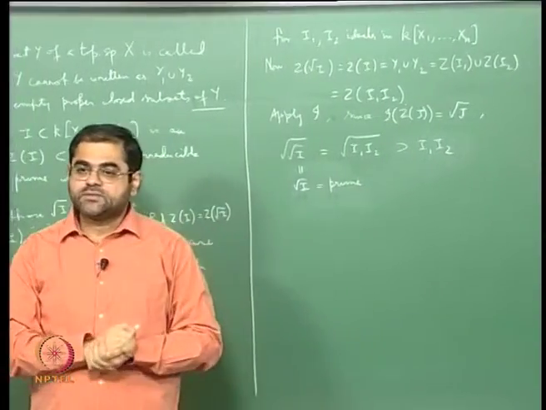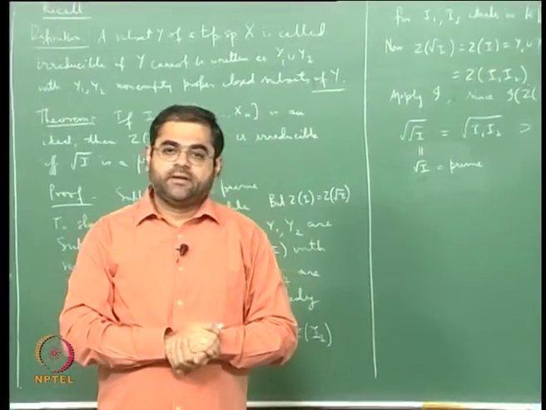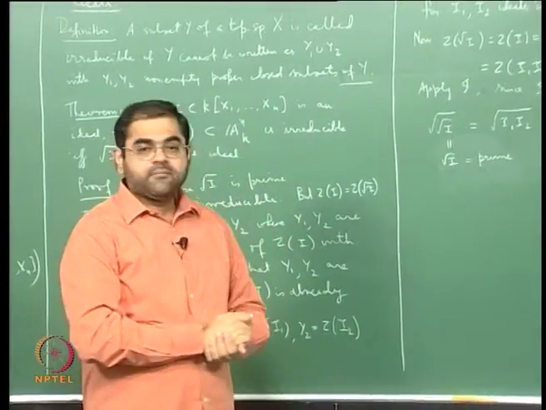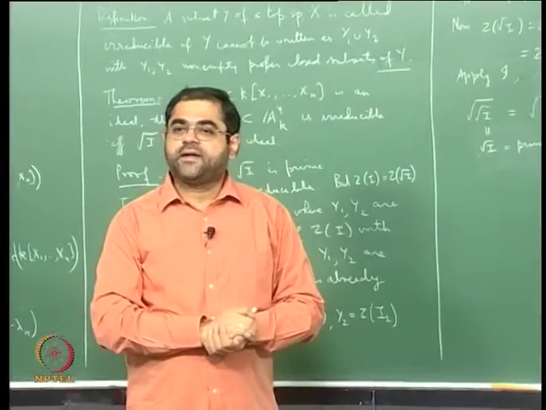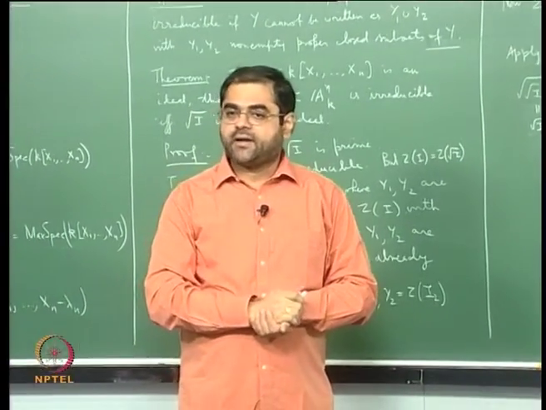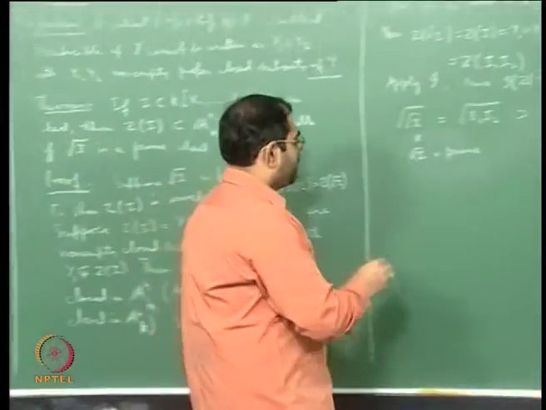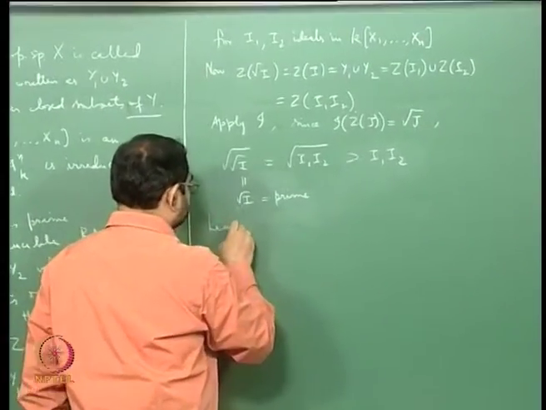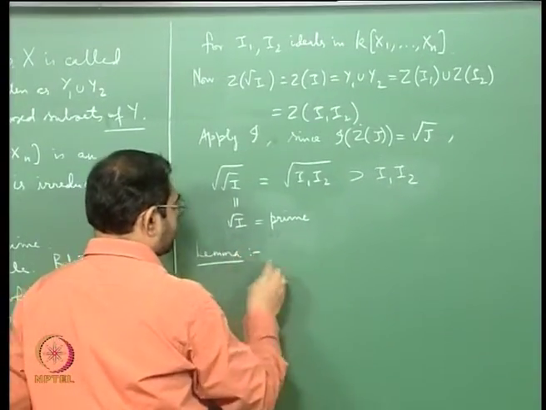Now we use the following fact from commutative algebra. It is a very simple fact that if a prime ideal contains a finite product of ideals, then it has to contain at least one of them. So here is a lemma, a very simple lemma from commutative algebra.